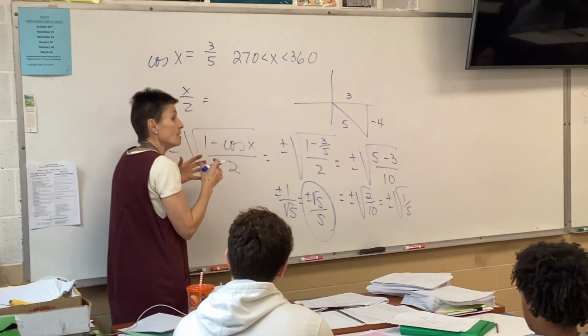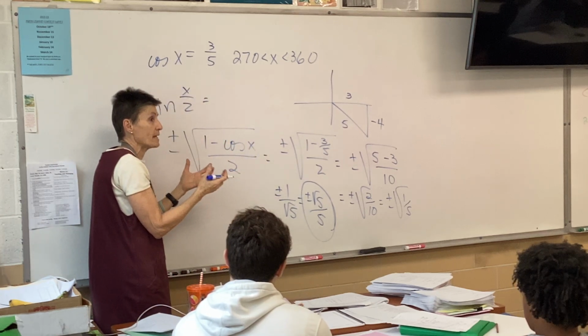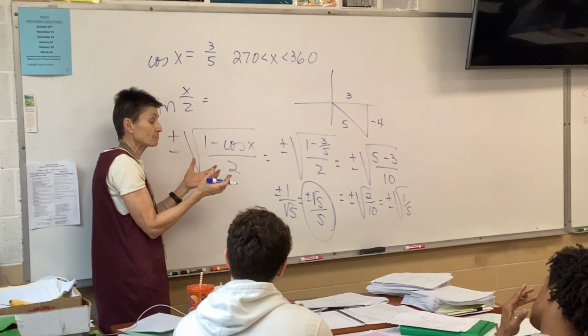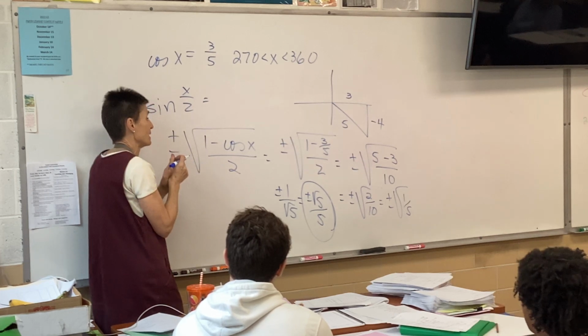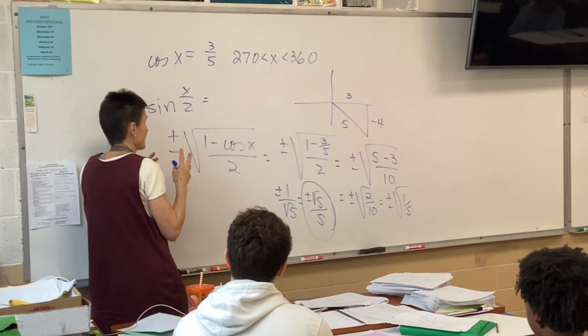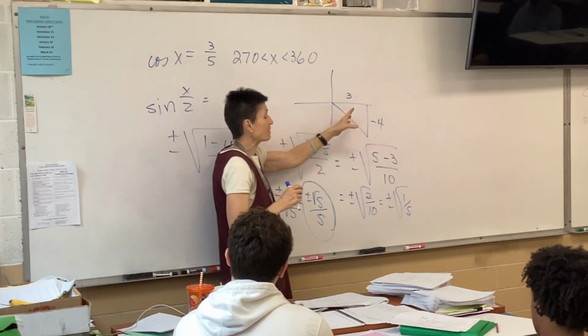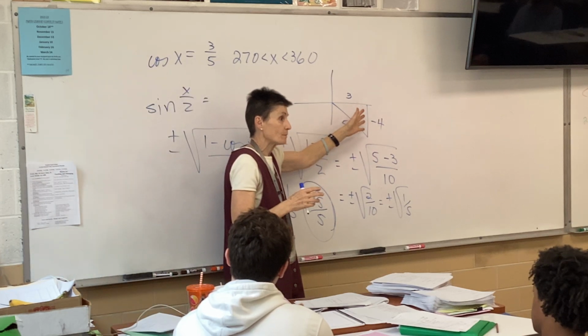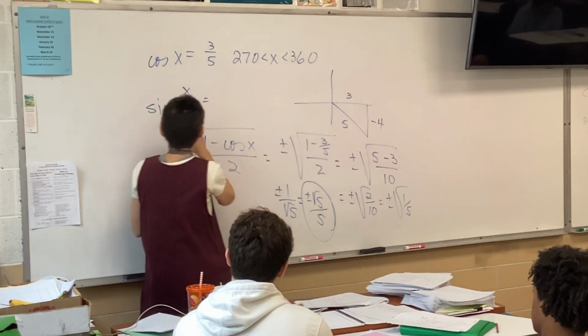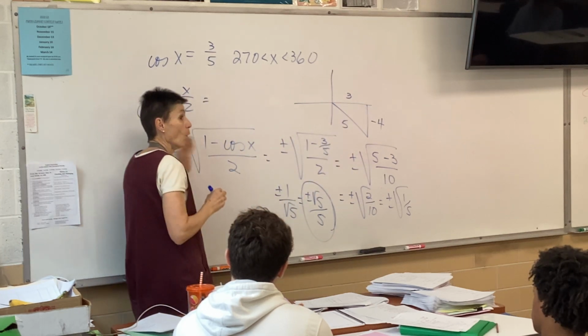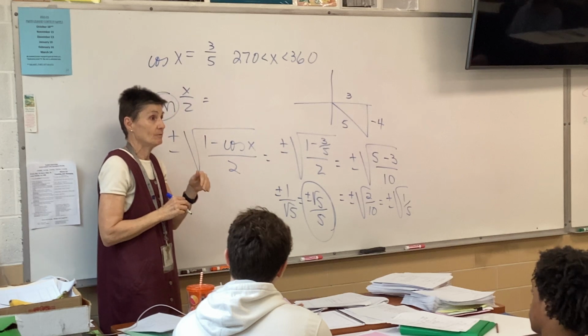This time, the angle is unknown. The angle is X. And what I want to caution you about is, somebody said, well, wait, I'm sitting down here in quadrant 4, and I'm finding the sine, won't the sine be negative?